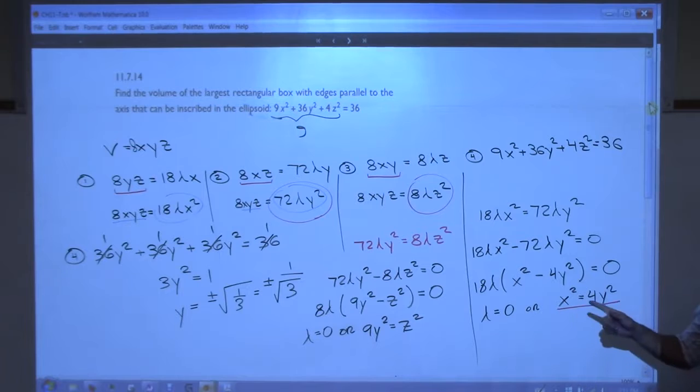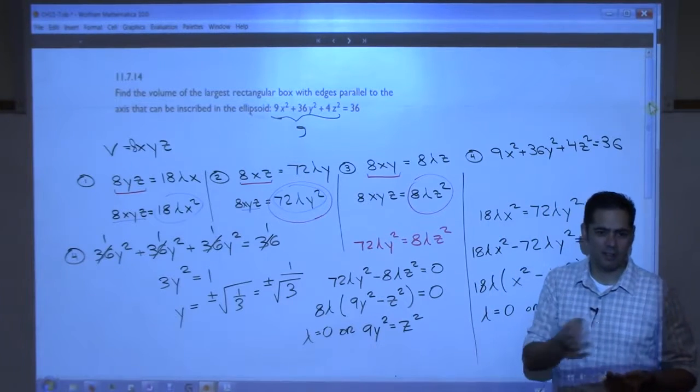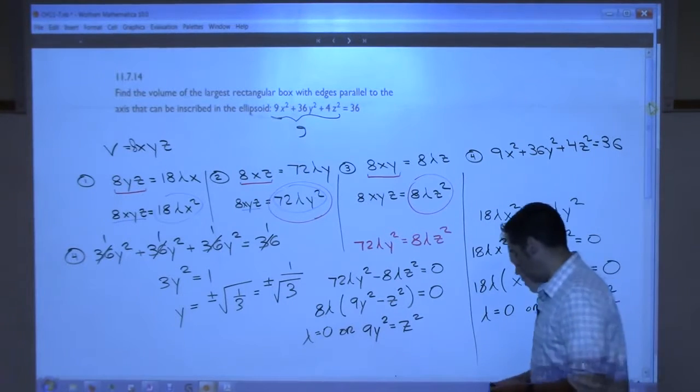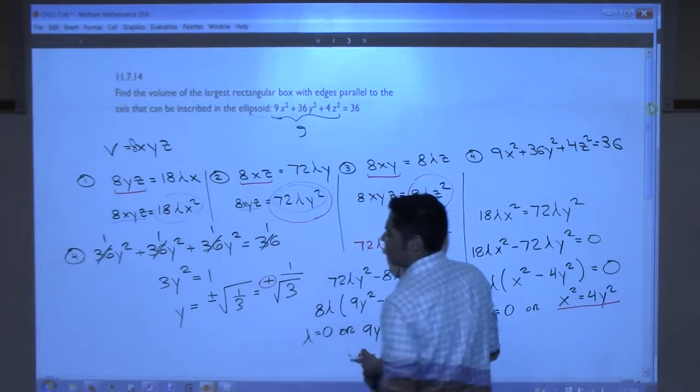Which we only have to look at the positive, because if you remember when we were doing the problem, the x, y, z that we were picking was in the first octant. So all the coordinates were positive. So all we have to do is look at the positive case here, okay?